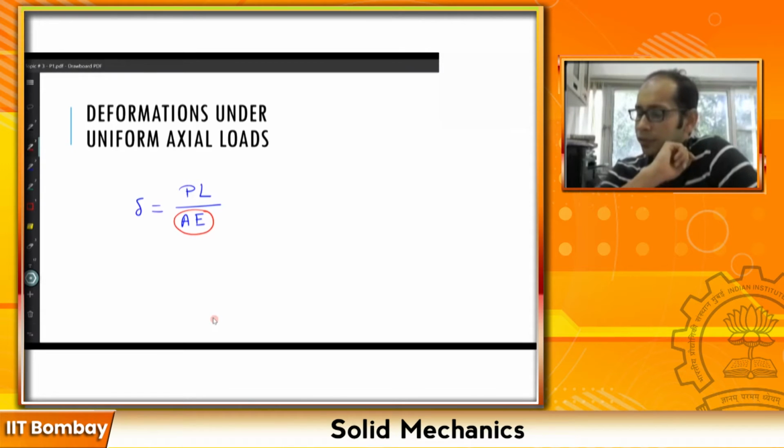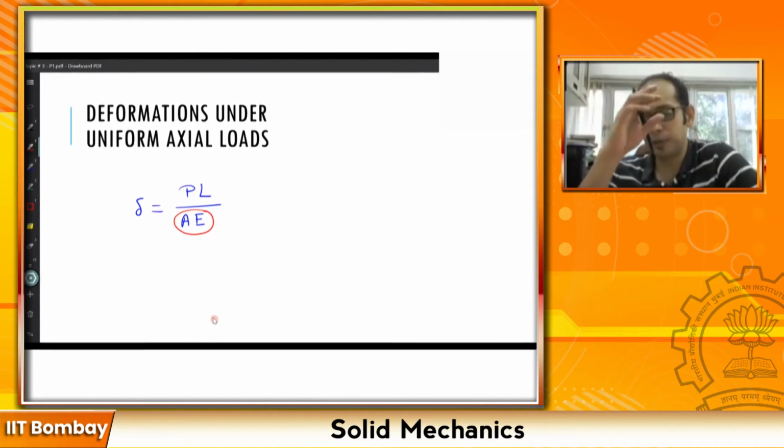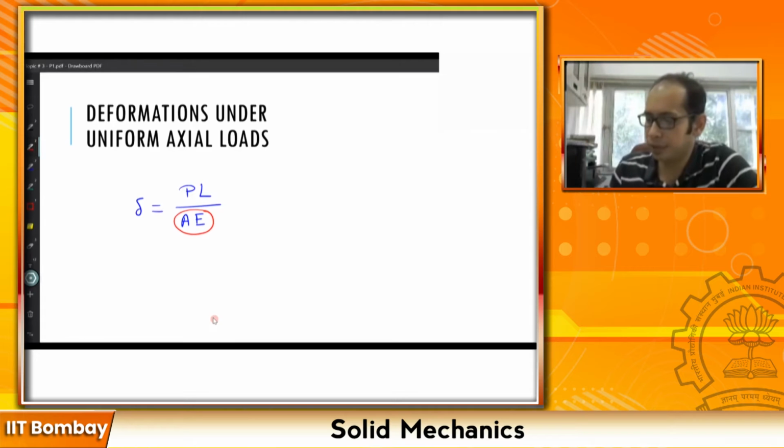Now if you take a look at this formula, for a given area of cross section A and a given Young's modulus E, if you bump up the area, your deflection becomes smaller and smaller. And for a particular material, if you take a different material with a higher E, then this delta also becomes smaller, right? So A and E together, as they go higher and higher, make the structure more and more rigid.